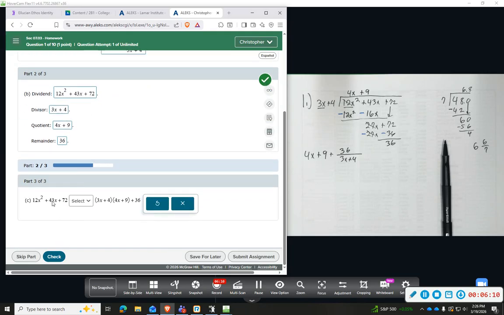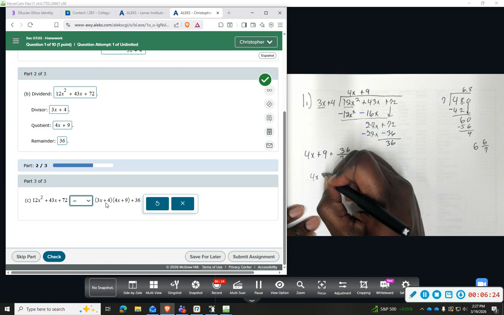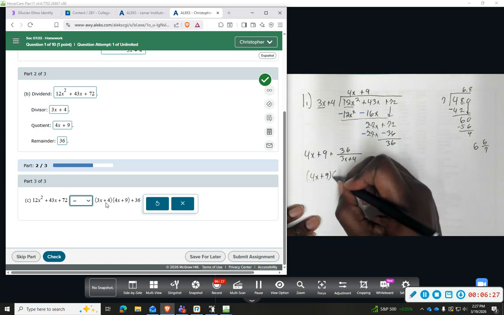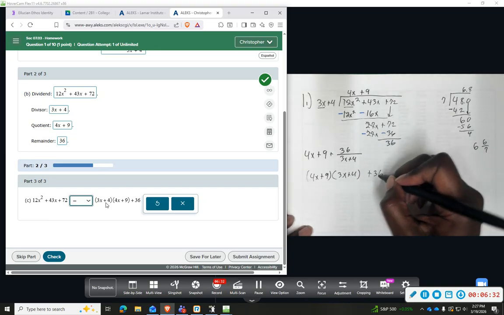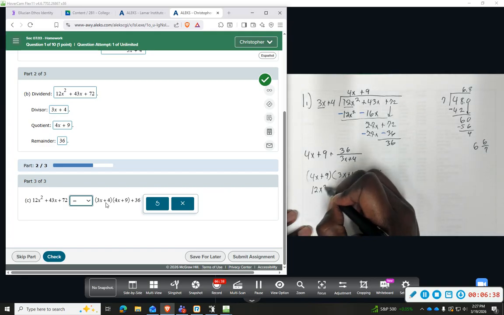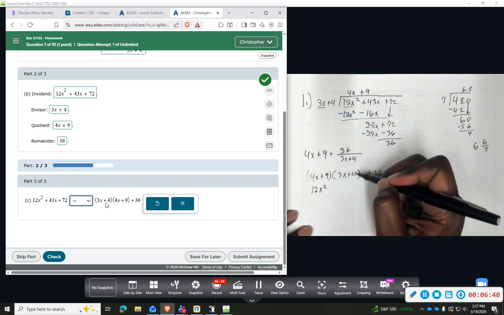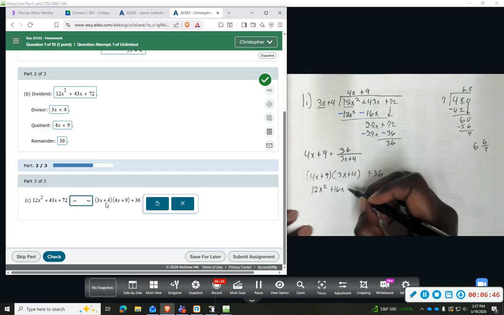And then it says check that they're equal. These would be equal. So if we were to multiply this back together, let's just do the FOIL. Do 4x plus 9 times the 3x plus 4, and we have this plus the 36 remaining. 4 times 3 will give us the 12x squared. 4x times 4, positive 16x. 9 times 3, positive 27x.